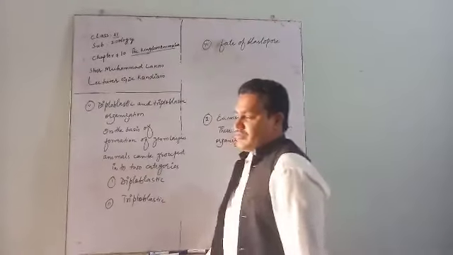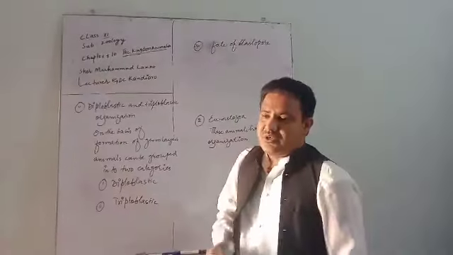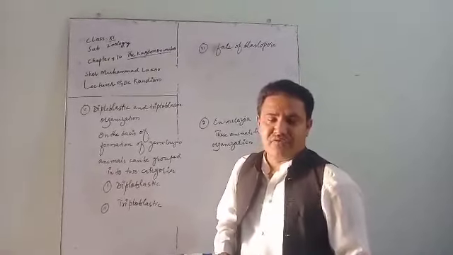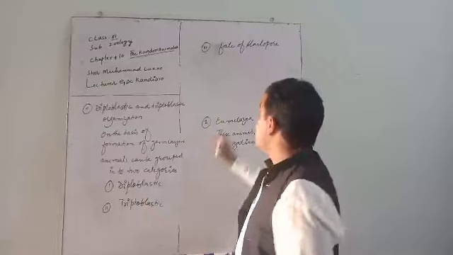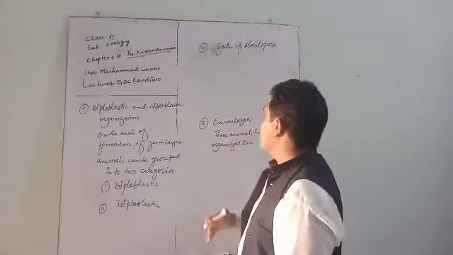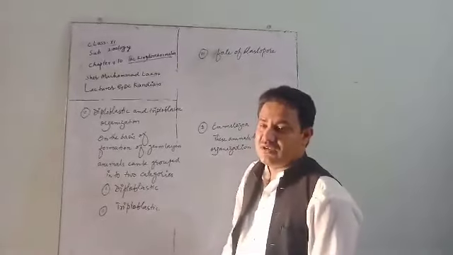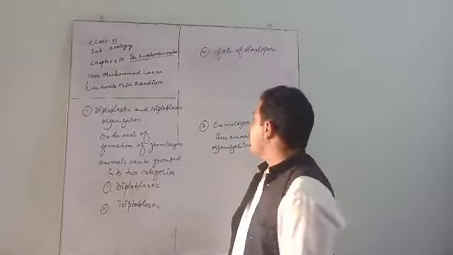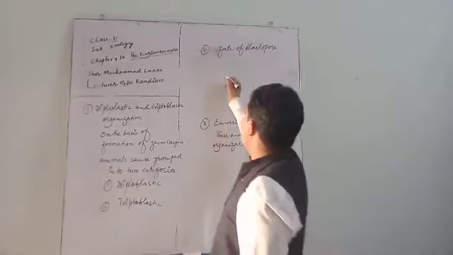Now what is blastopore? Blastopore is a pore. It is a structure formed during the embryonic development of animals. On the basis of formation of blastopore, animals are grouped into two groups. Number one is protostome and number two is deuterostome.